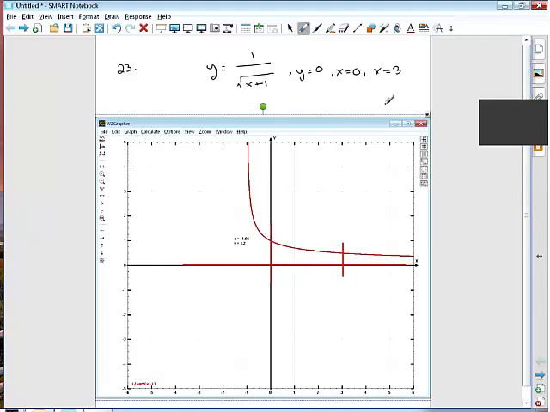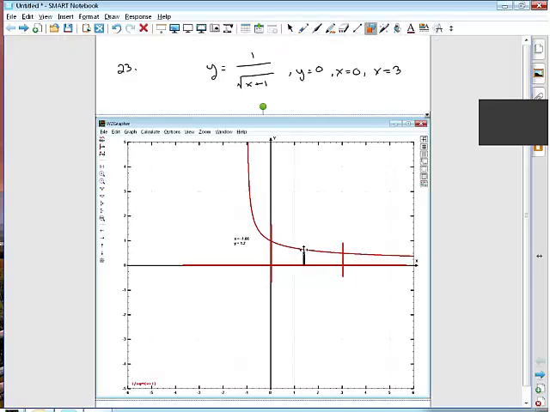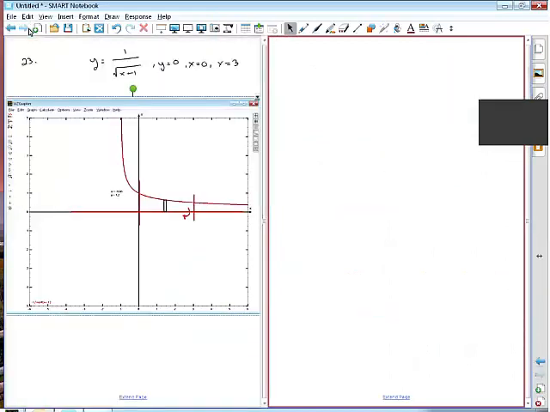So let's put a representative rectangle. We're going to do the disk method, so that rectangle is going to be rotated around the x-axis, which is going to create a disk. So let's put up a new screen so we can start putting some equations down.